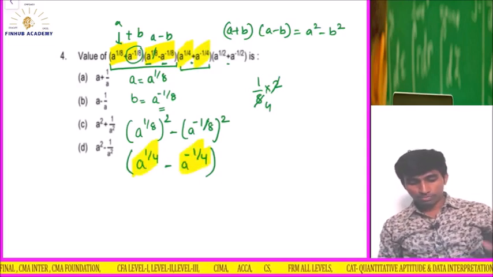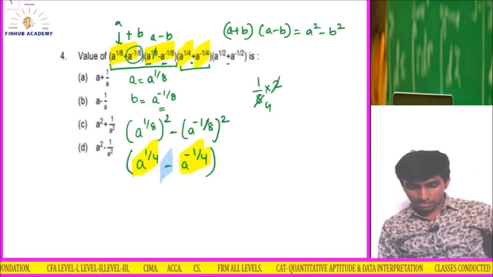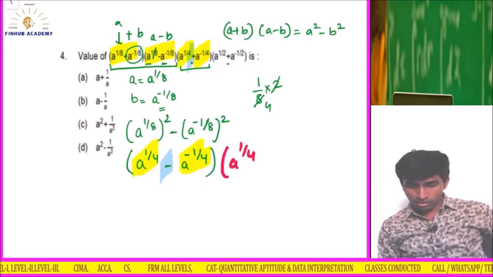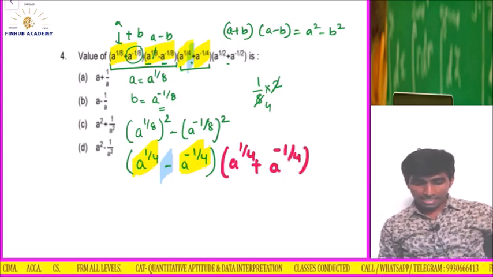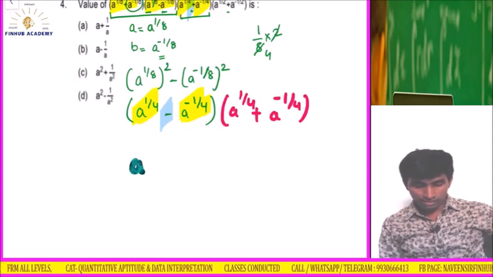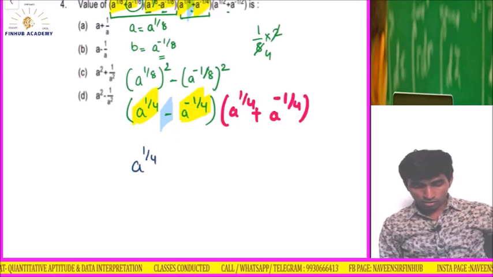Correct now? So I will do again, here there is minus and here there is plus. So I will take the next part, that is a raised to 1 by 4 plus a raised to minus 1 by 4. So when I take this, what is my a? a raised to 1 by 4 the whole square.